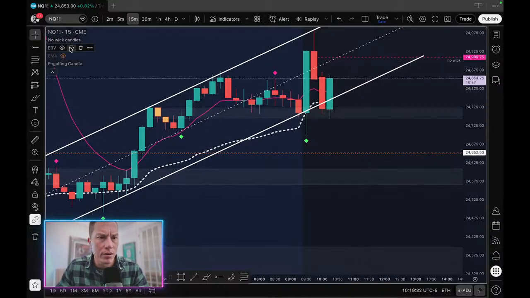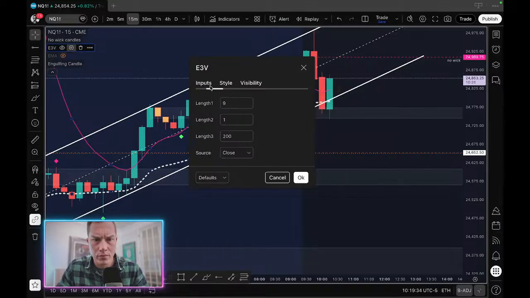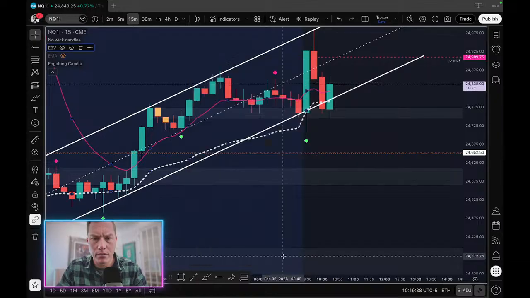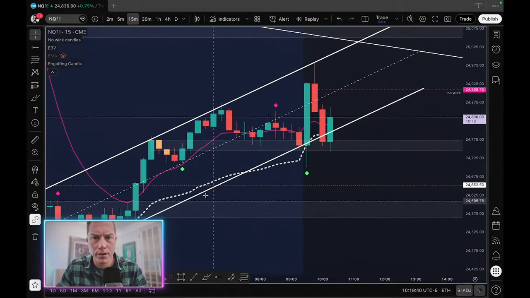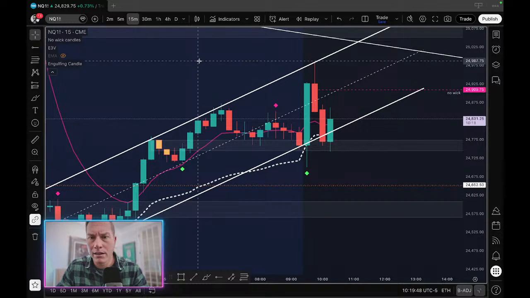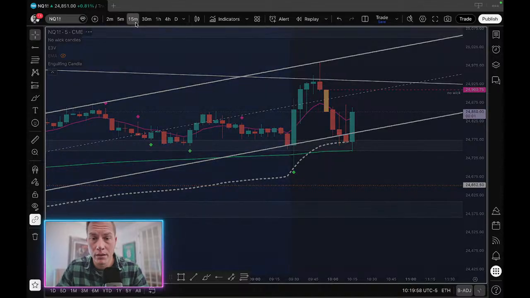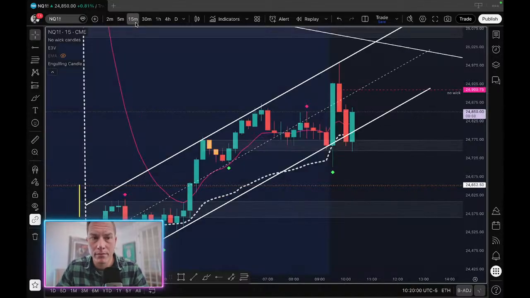Where did my 200 go? Yeah, it should be on there. It's not showing though. Interesting. The 200 is at like 870. So it's a little bit higher. It's actually at the top of this channel. So the question is, do we get back up to the top of that channel with this move? See if I do it again, if it comes up.